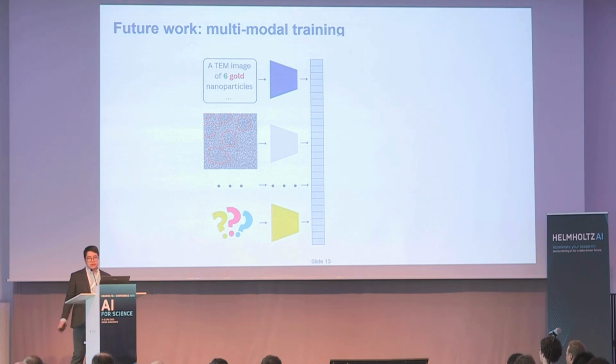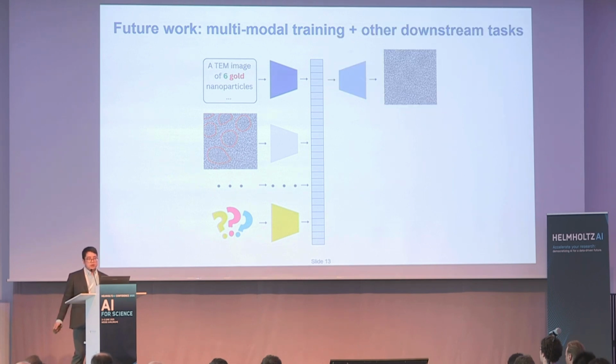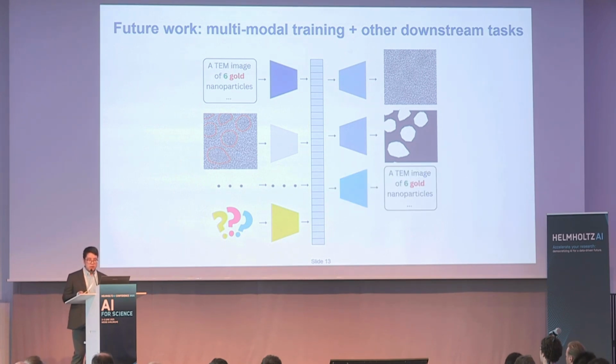We could also extend this to multimodal training, so not only transmission electron microscopy images and the textual description, but also other modalities of electron microscopy. We could also extend it to other downstream tasks, image generation, segmentation, textual description, or any other idea or insights that we want to extract from this trained model.